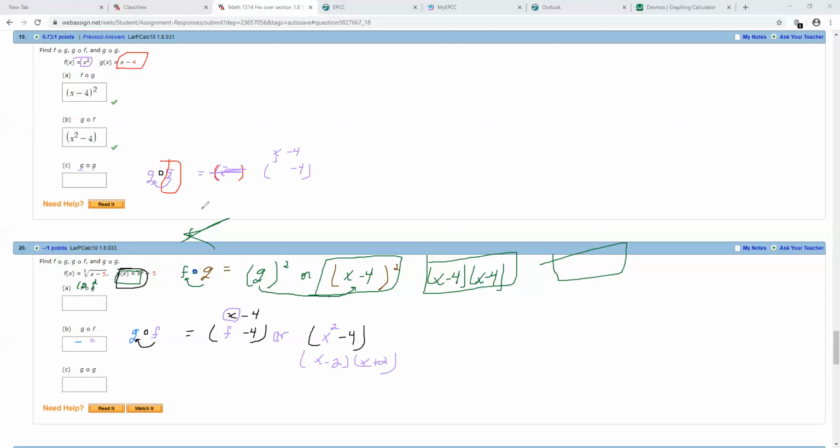Not like these other two, but we're putting G. Let's say I write this one as an orange G. We're putting this one into this one, aren't we? Yes. So right here is x, so we're going to put G right there where the x is.